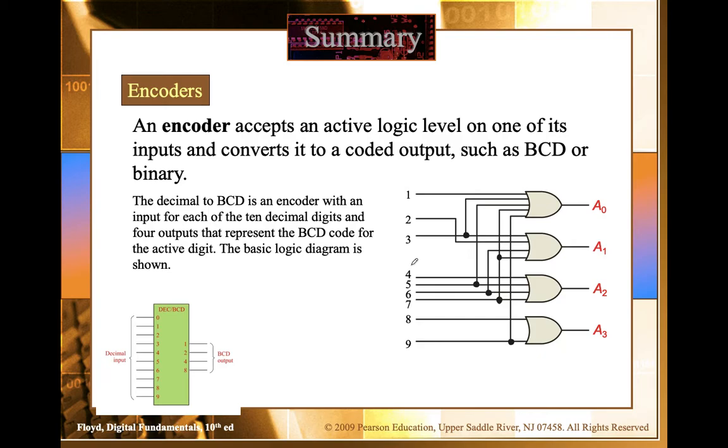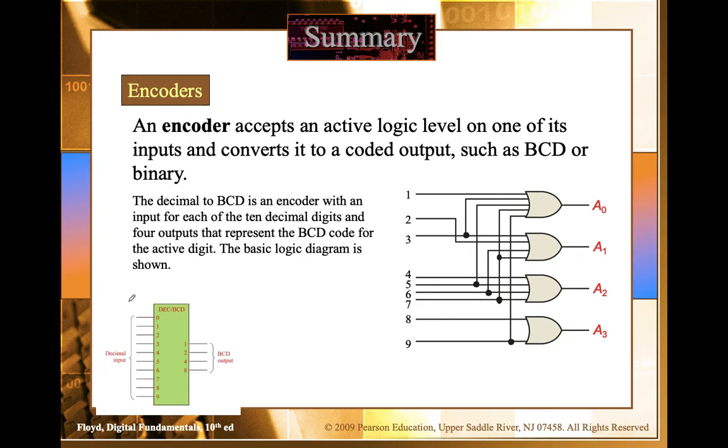Now, an encoder is basically the reverse logic of a decoder. An encoder accepts an active logic level on one of its inputs and converts it into a coded output.